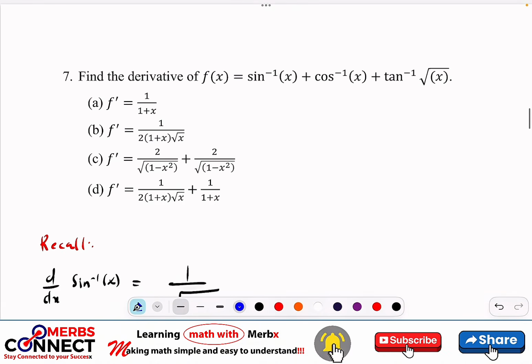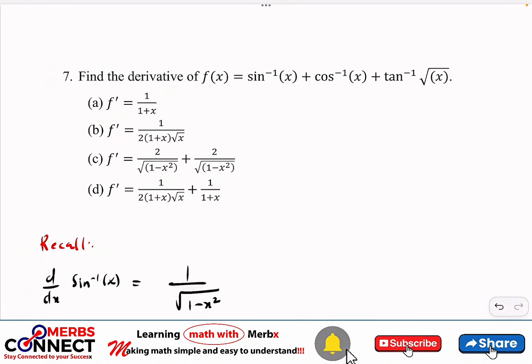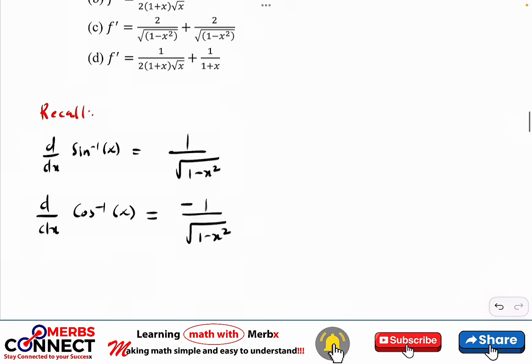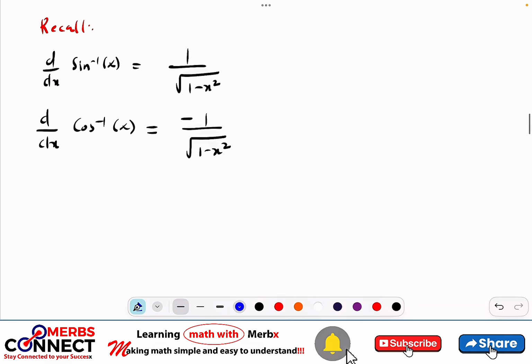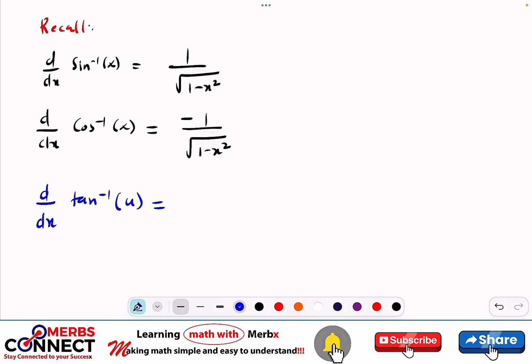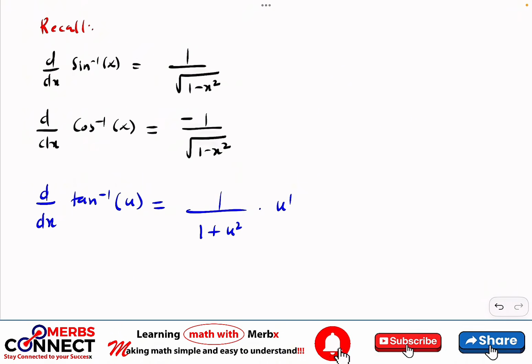And now because this one is not just x, this one is like a composite function. So what I'm going to do here is make use of the u, right? So that we can have the composite function. So with respect to x, tan inverse, or the arctan of u is 1 divided by 1 plus u squared times u prime. So this is for a composite function. That's why I used it.